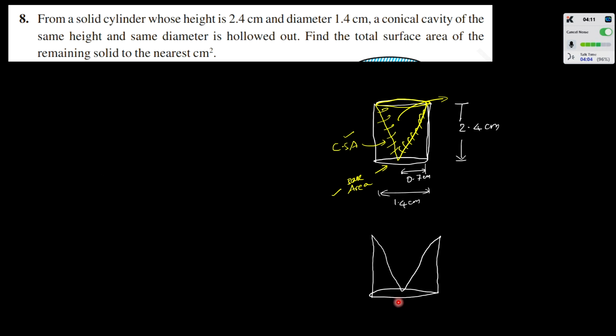So this will be the base area, that is, the circle area, this will be the curved part of the cylinder, and this would be the curved part of the cone. Remember very carefully, this part is removed. We can touch the base, we can touch the curved part of the cylinder, and also, since it is removed, this entire part in the shape of a cone.